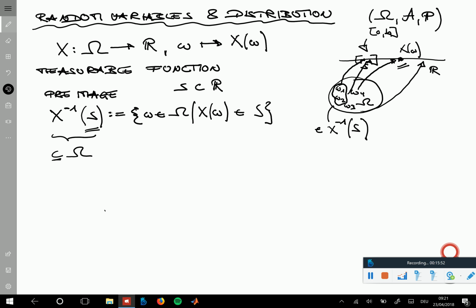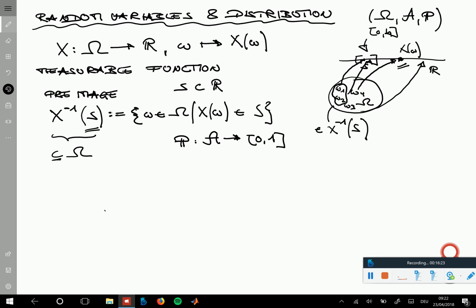Now we talked about how the probability measure assigns probabilities to subsets of the outcome space omega, right? So we talked about that the probability measure P that we discussed is defined as a function from the sigma algebra to the set 0, 1.